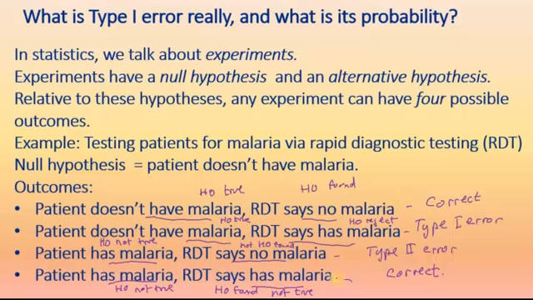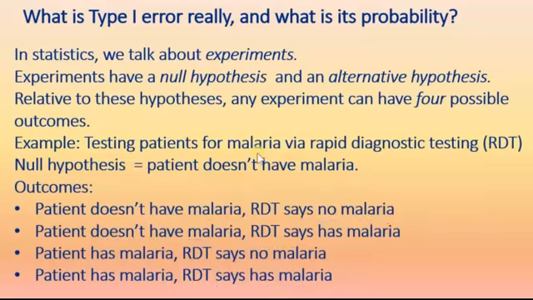It can find that H0 is not true and the patient has malaria and correctly identify that. Or there are 2 types of errors. There's type 1 error, which is a false rejection of the null hypothesis. And there's type 2 error, which is missed detection of the alternative hypothesis. So we're going to focus on these two types of errors. Actually, we're going to focus specifically on type 1 error.